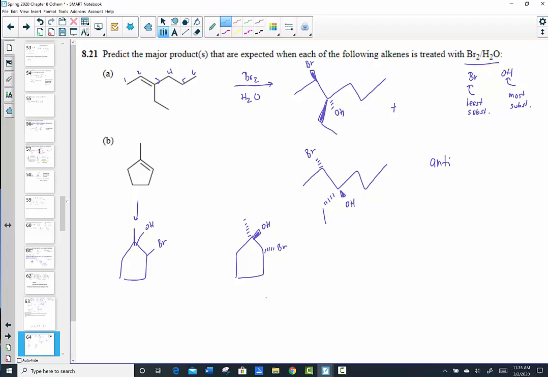That's an anti-addition. Hydroxyl wedge, bromine dash. And if the methyl stayed as a wedge, hydroxyl would be the dash, and then bromine would be the wedge. The bromine and hydroxyl group added with an anti-addition. So a pair of enantiomers there.